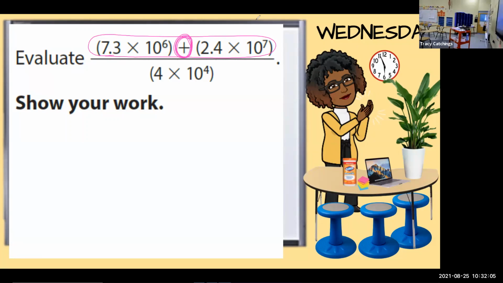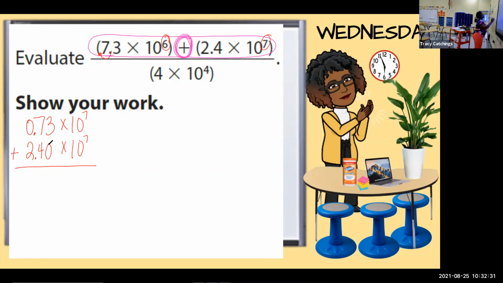Which one do we want to keep, the 6 or the 7? The 7. Okay, so that means we need to shift this one over one time. So now we have 0.73 times 10 to the 7, and then 2.4 times 10 to the 7.